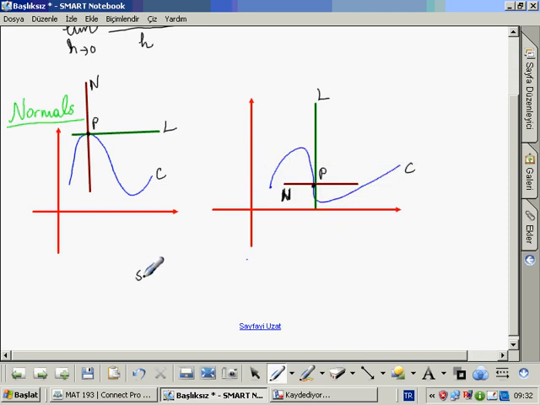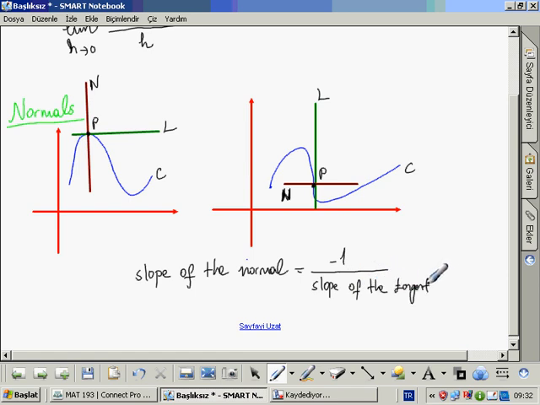What can we say about the slope of the normal? We know that the slope of the normal equals minus 1 over the slope of the tangent, which is the line L, of course.